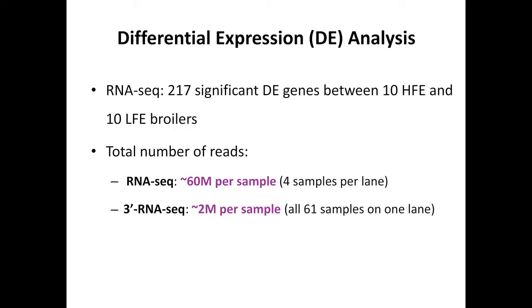For RNA-seq, we had 60 million reads per sample, done with four samples per lane. And in 3' RNA-seq data, we had 2 million per sample. You can see 60 million versus 2 million. So there's a big difference between the number of reads per sample. This was done with all 61 samples pooled and sequenced on 1 lane.